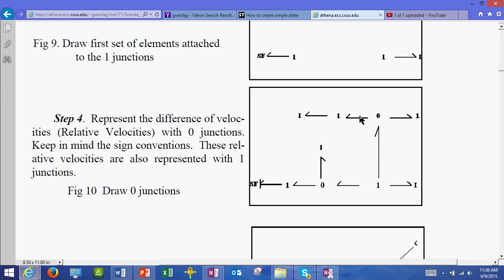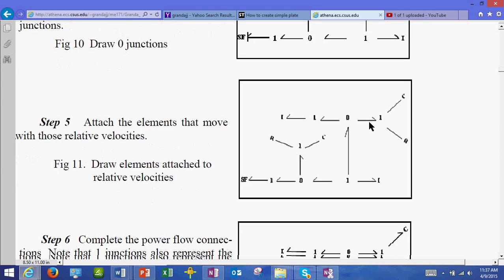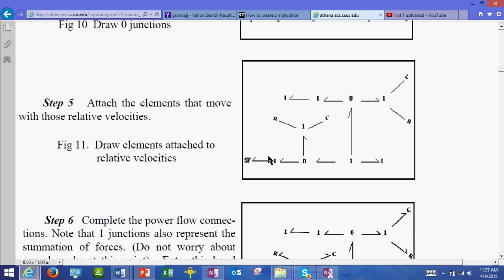So in here you have the difference between the velocity of the cart minus the little one, which is going to be this one.